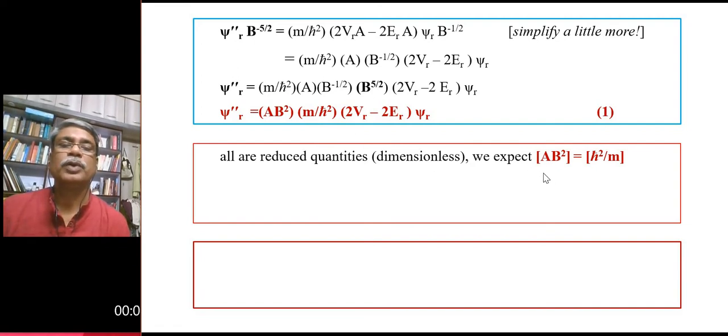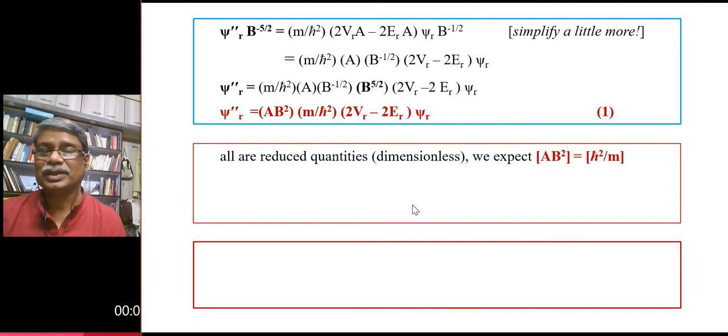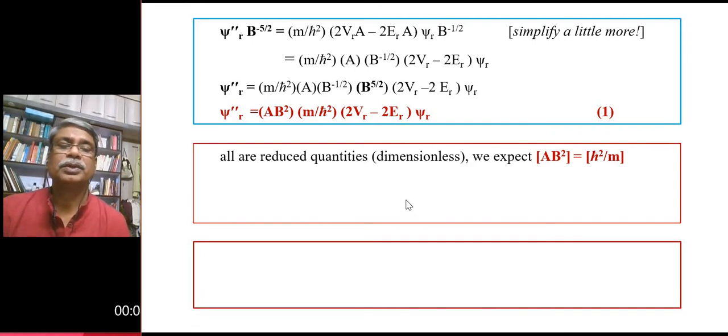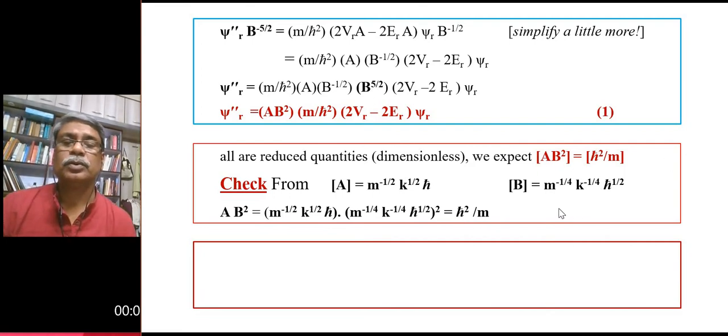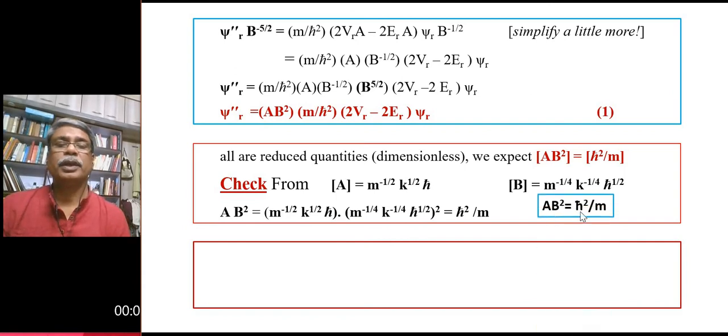So AB squared should be h bar squared by m, and that we can check easily by explicitly writing A and B in terms of m, h bar and k, and we can show that AB squared would be h bar squared by m, as it is intuitively declared. So if we just put it here, you see they will cancel out.